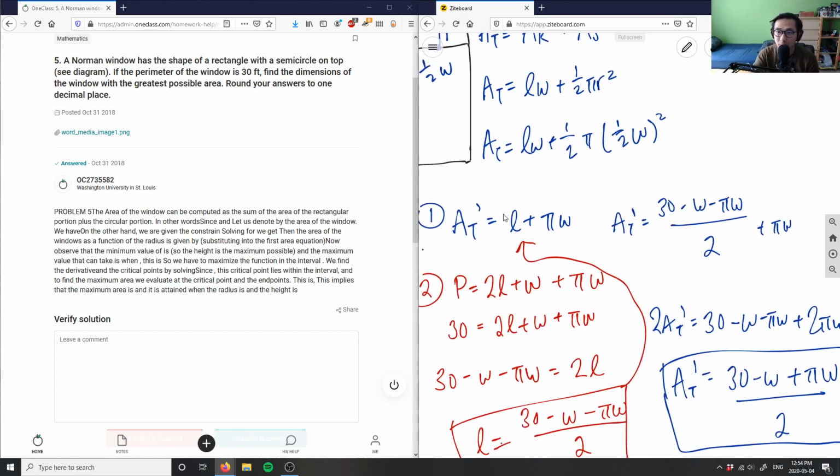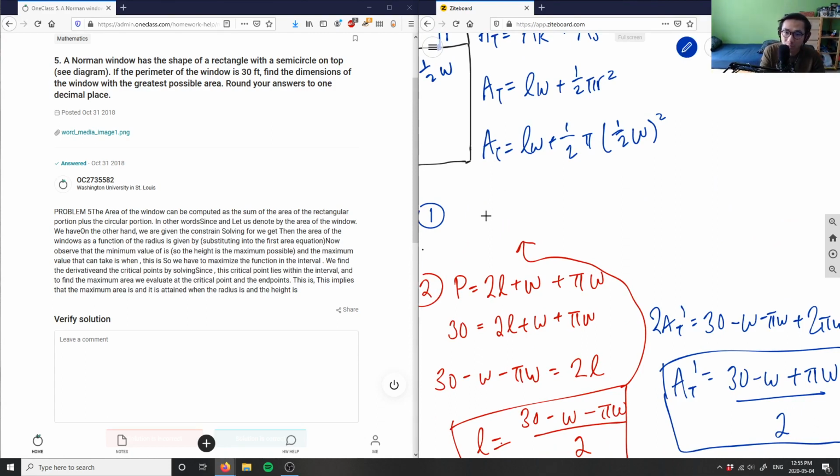So let me just erase these guys here and take the derivative again. I have A equals LW. Let me simplify this before I take the derivative.